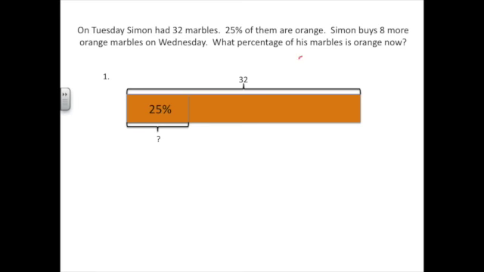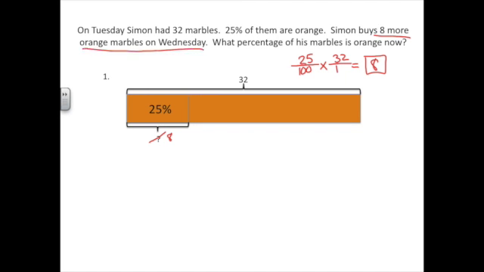So 25% is the same as 25 over 100 times 32 over 1. So when you cross cancel and solve this out, you will find that there were 8 orange marbles. So I can cross out my question mark and write in 8. Now I need to do a second bar model because I'm told that Simon buys 8 more orange marbles on Wednesday.